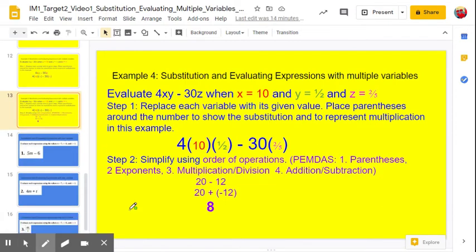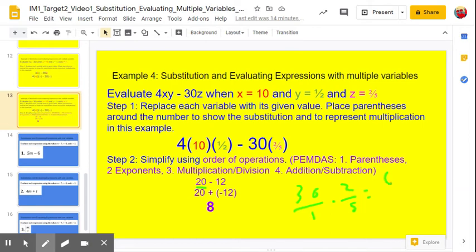All right, so now we're going to simplify. 4 times 10 is 40. And 40 times 1/2 is how I get 20 here. Minus 30 times 2/5. That's going to look like this: 30 over 1 multiplied by 2 over 5.